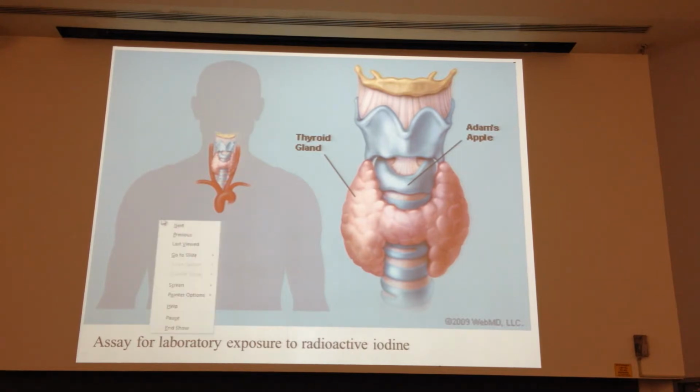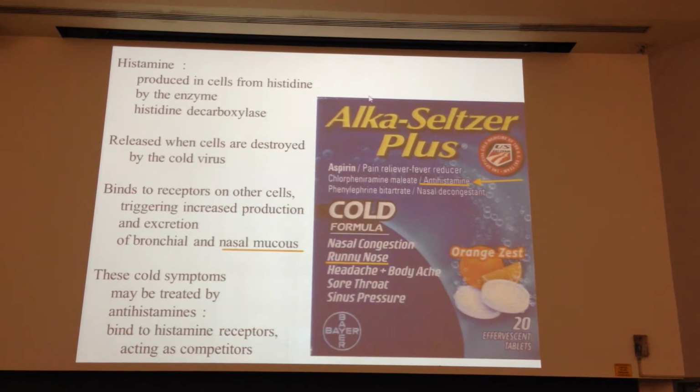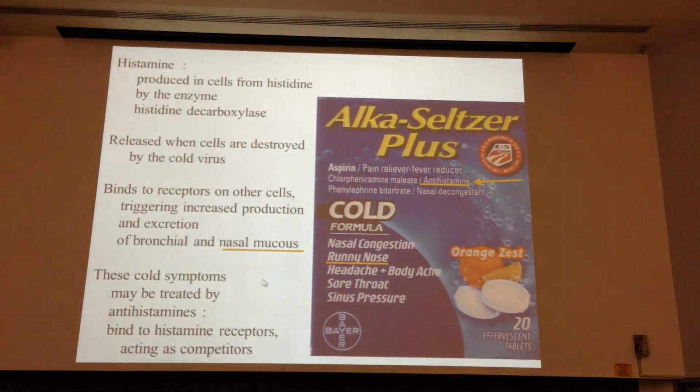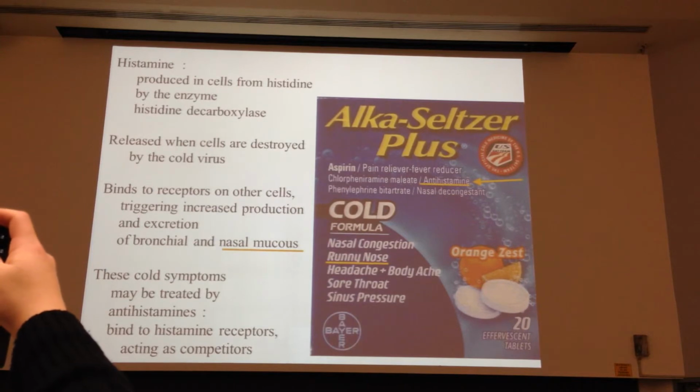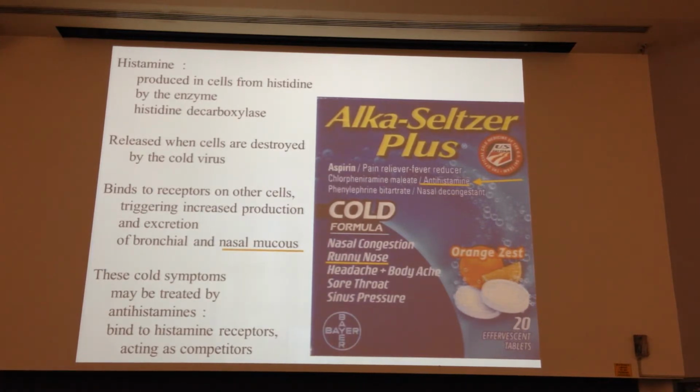Let's see if I can then show you a little bit about the histamine. Now histamine is made in your cells from histidine by just cutting off the carboxyl group. The enzyme which does that is histidine decarboxylase.